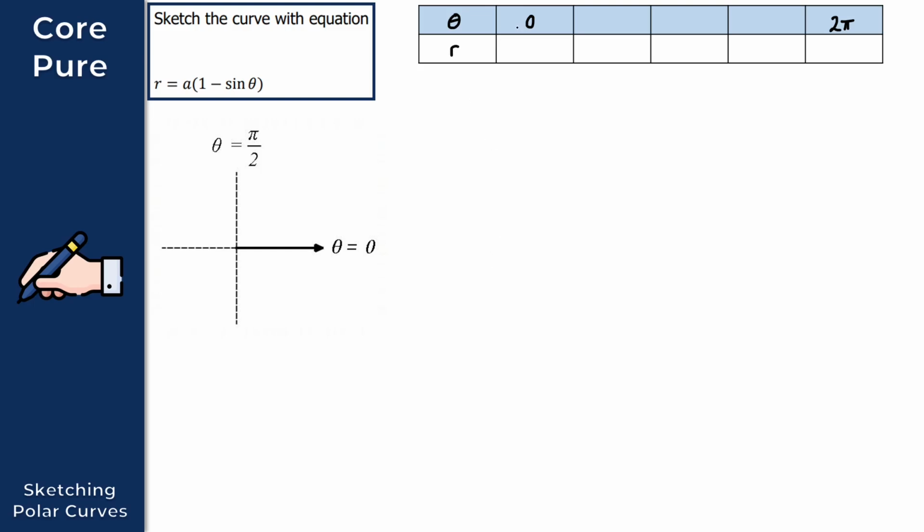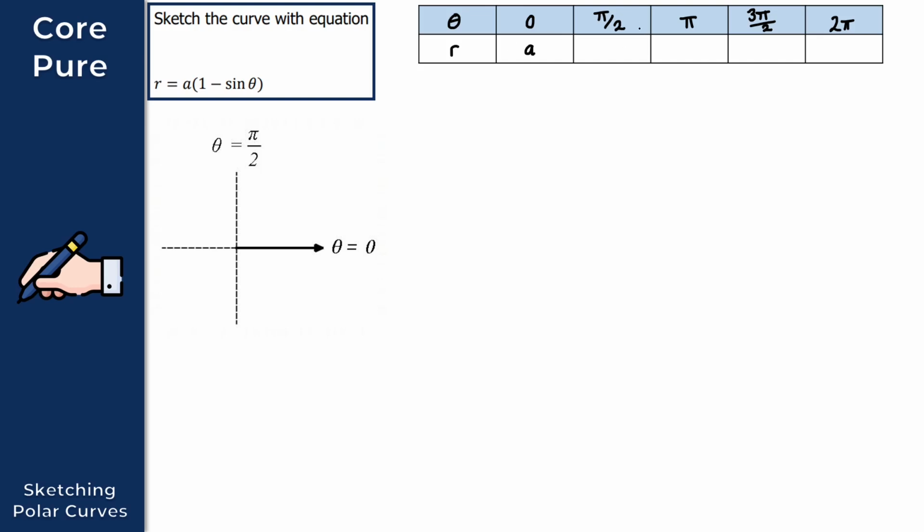So we have 0, pi over 2, pi, 3 pi over 2, and finally, as we've already noted, 2 pi. For the respective values of r, we obtain those using the given equation. For the first one, r equals a times 1 minus sine of 0, which gives a.